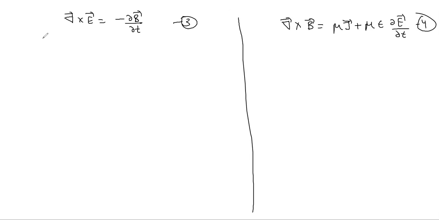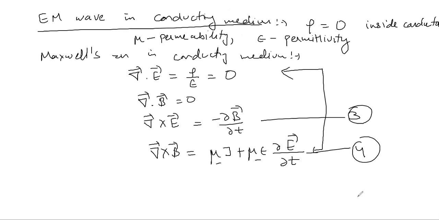Now, let me remind you of the difference between free space and the conducting medium, apart from mu and epsilon being different. In free space, this term was equal to 0, because free space is free of any kind of charges and currents. But in the conducting medium, you have a finite current density.